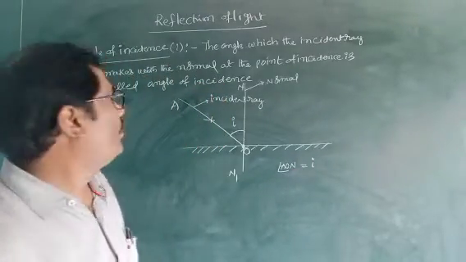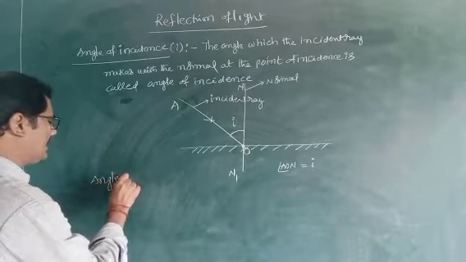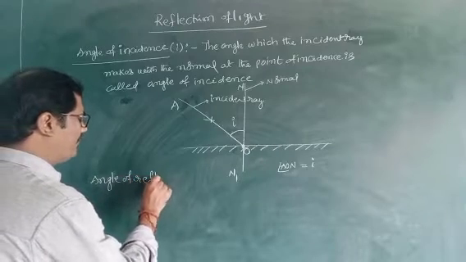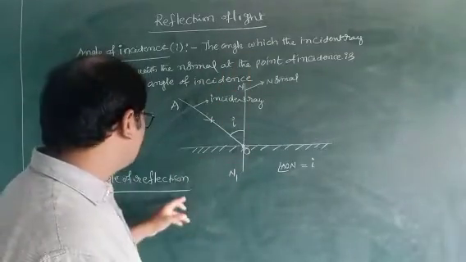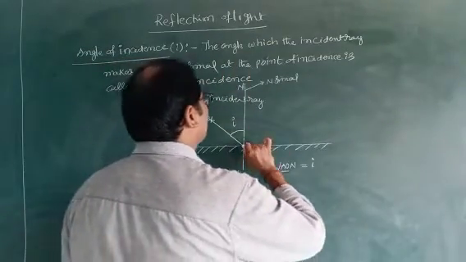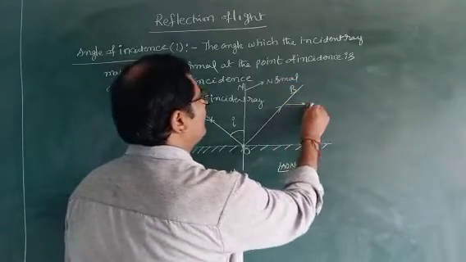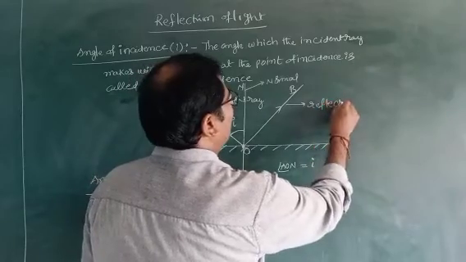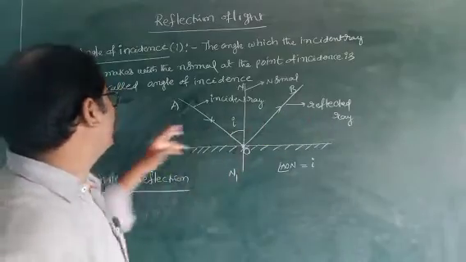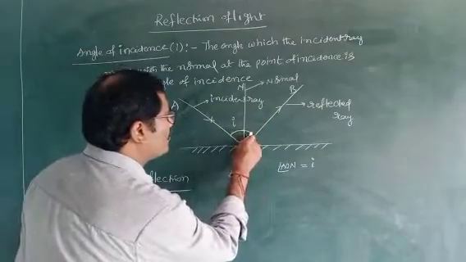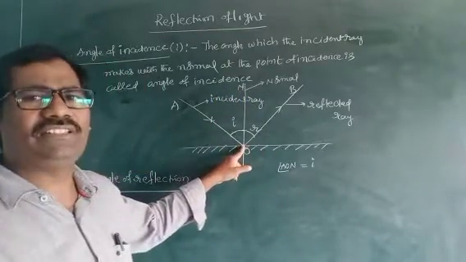What is the angle of reflection? Angle of reflection means the angle which the reflected ray makes with the normal at the point of incidence.